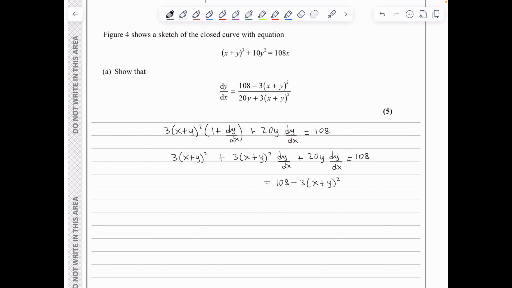So we're looking at dy/dx times 3(x plus y) squared plus 20y, and this leads to dy/dx being equal to 108 minus 3(x plus y) squared over 3(x plus y) squared plus 20y, as required.